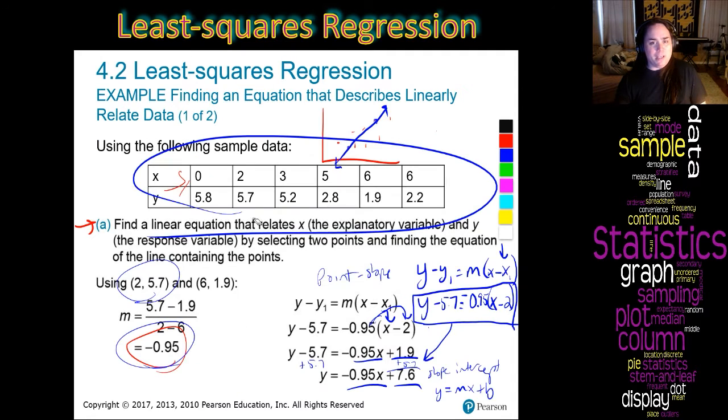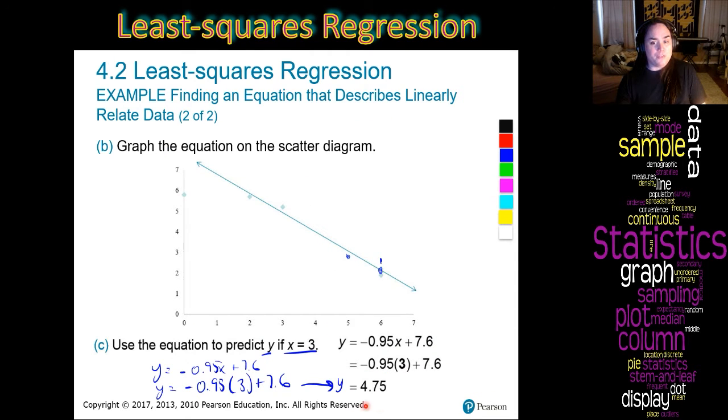And we did that because we can see that there is a 3 value here. When x is equal to 3, y is equal to 5.2. But what I want to know is, does this function, the negative 0.95x plus 7.6 function, will that give me a predicted value of 5.2? And it turns out, no, it's 4.75.